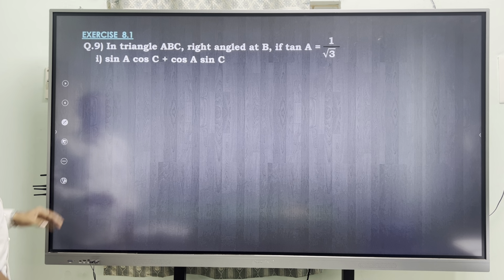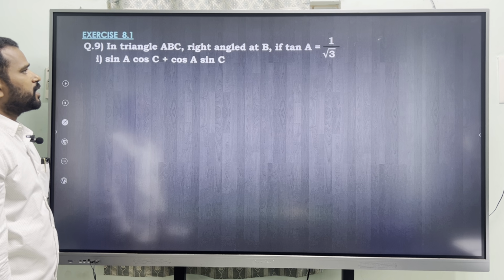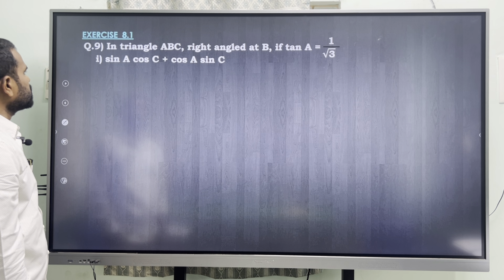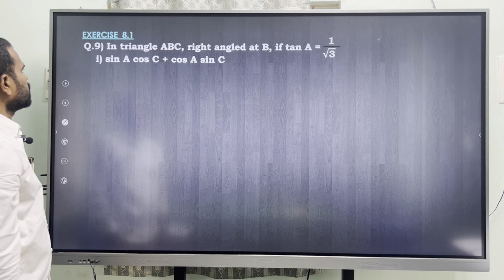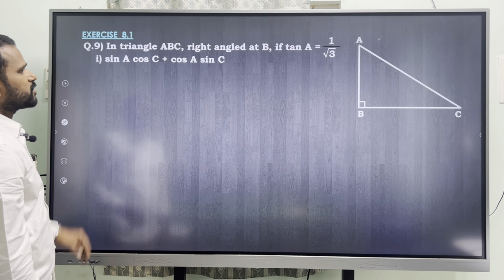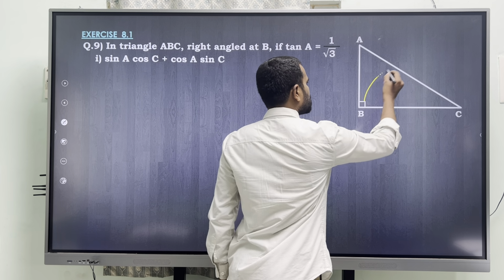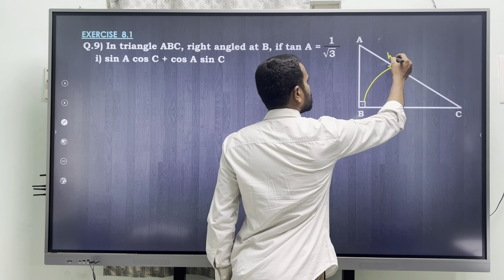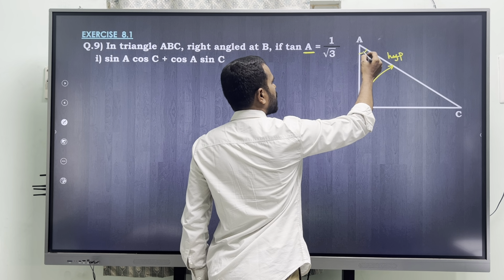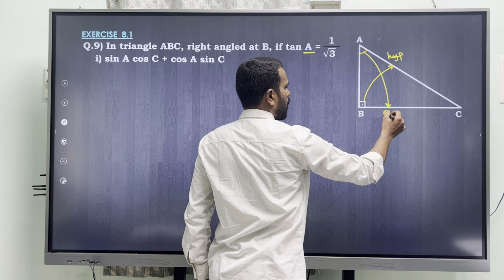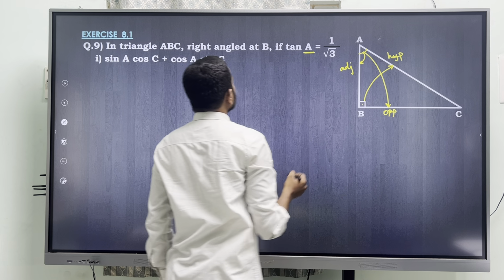Next, in triangle ABC, right angled at B, if tan A equals 1 by root 3, find sin A cos C plus cos A sin C. Let us take a triangle ABC, right angled at B. Opposite to the right angle is the hypotenuse, and we want angle A, so opposite to angle A is the opposite side, and adjacent to it is the adjacent side.